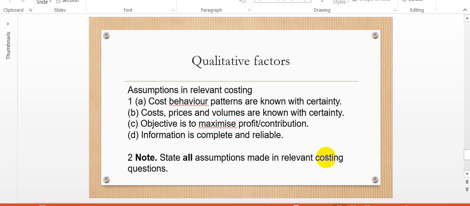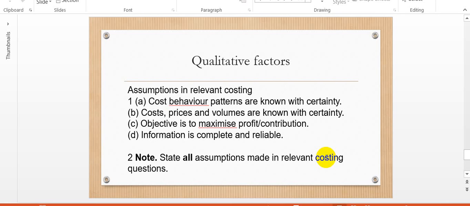Apart from computing these relevant costs, deciding whether to make or buy, to outsource, there are other assumptions in relevant costs that you need to be able to bring out in your solution.